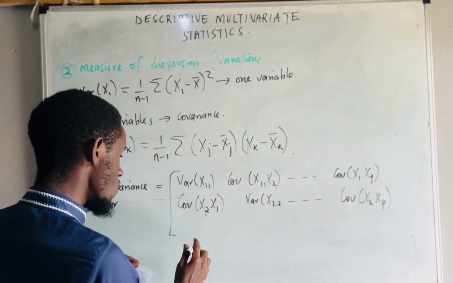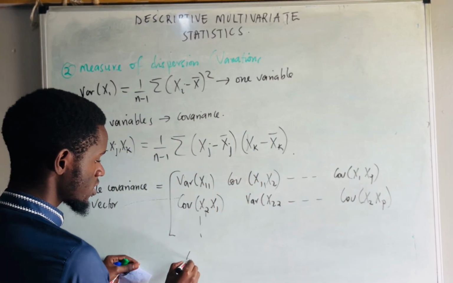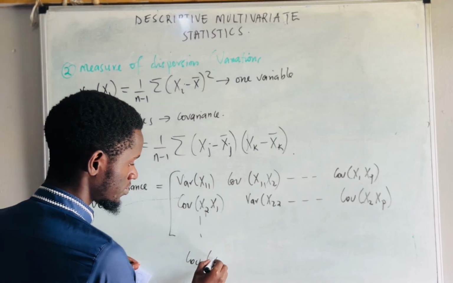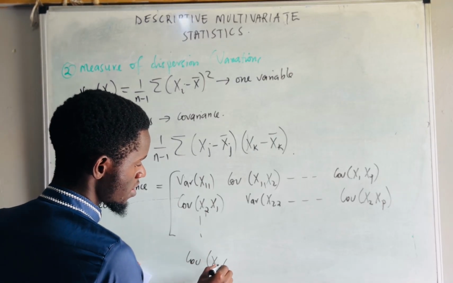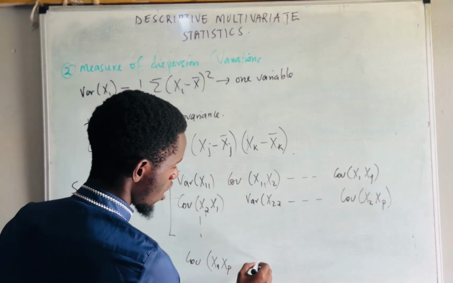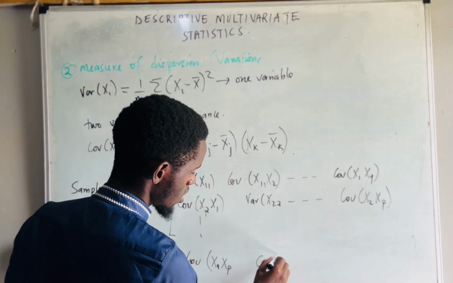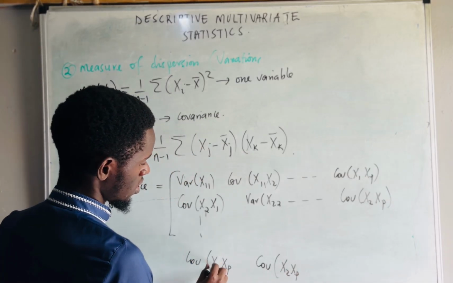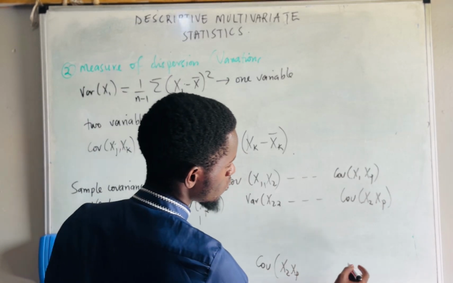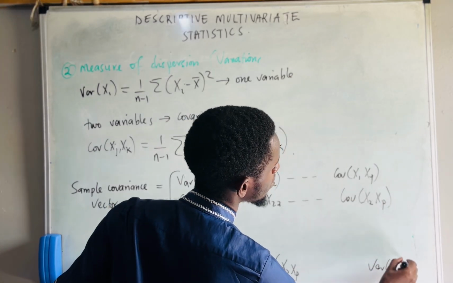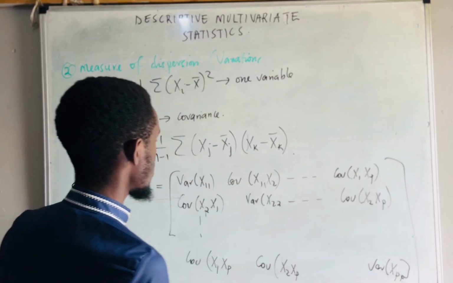Then we shall also move down up to when we get the covariance xn, xp. Then we shall have again covariance of x2, xp. This is x1, x1, xp, up to when we have now the variance of xp, p. Something like this. This is going to be our matrix.